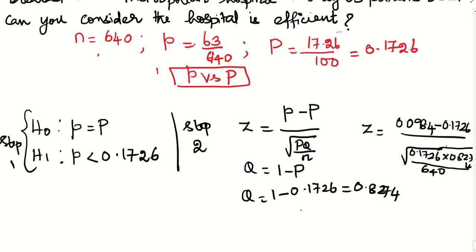So the calculated value will be coming as, Z is equal to negative 4.96. Using calculator we can calculate the value.